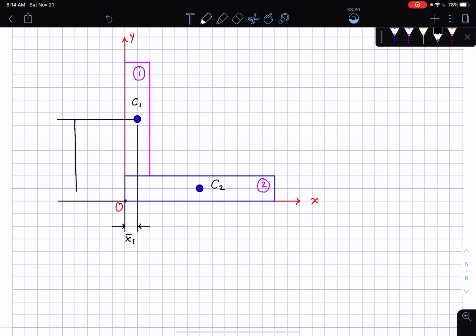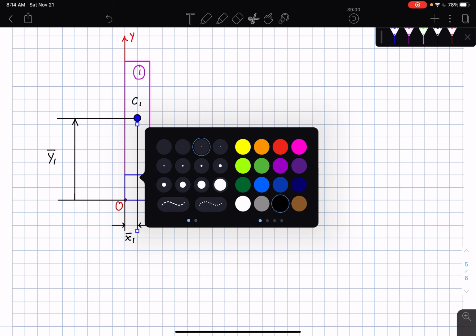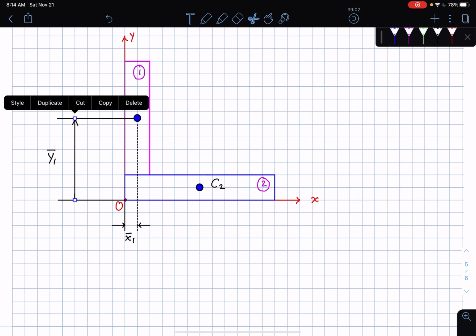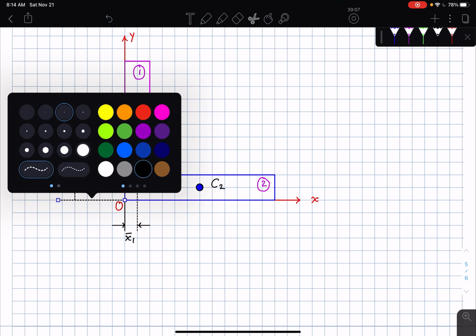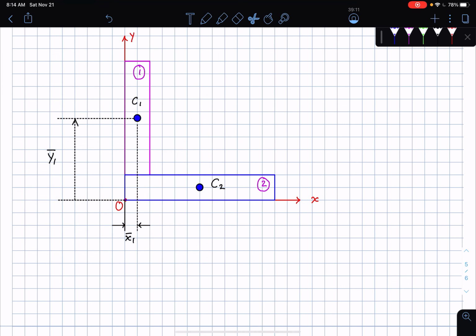And I'm going to call this location here y1 bar, always taking it from the origin. So in that sense my arrows will be unidirectional, starting from the origin. So this is going to be y1 bar, and let me draw these as dotted lines before I forget. All of them are supposed to be dotted lines, because I'm looking at distances and so on.